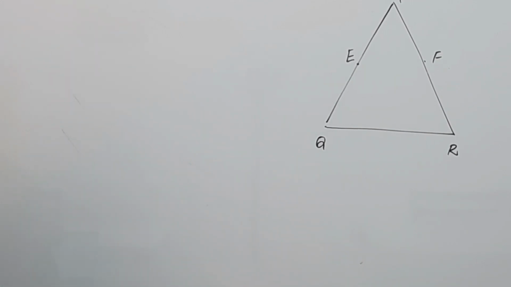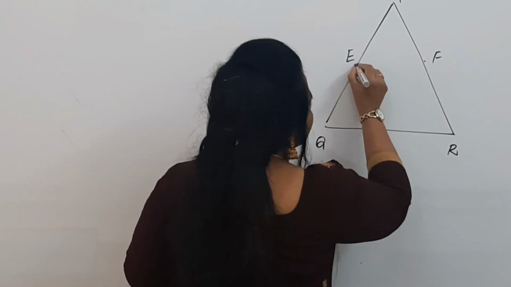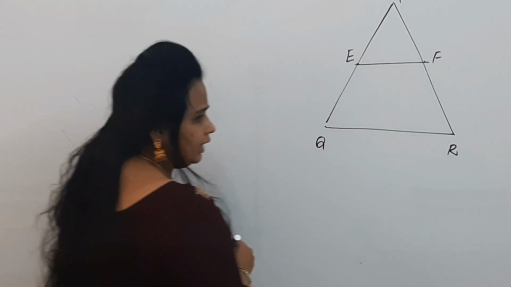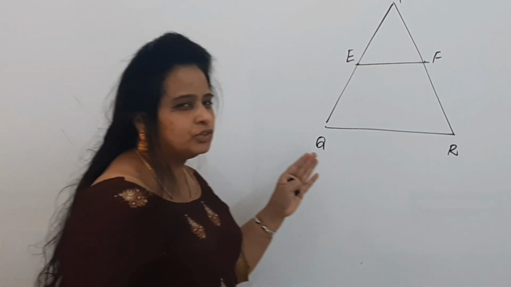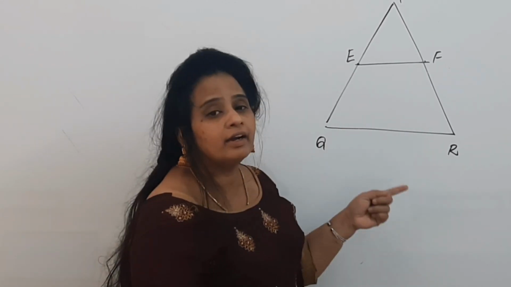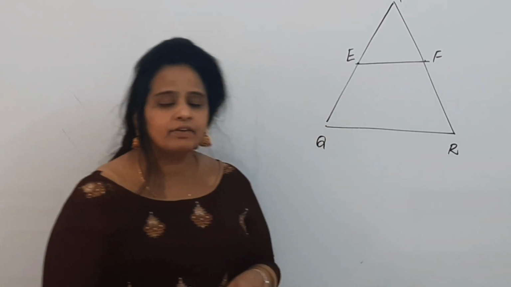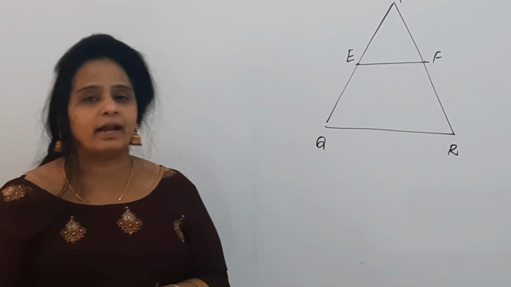Find each of the following cases. State whether EF is parallel. So I have EF, but for the time being I just draw. Why? Because I have to show whether EF is parallel to QR. So let me draw it, and based on the values given I will find out whether it is parallel or not.